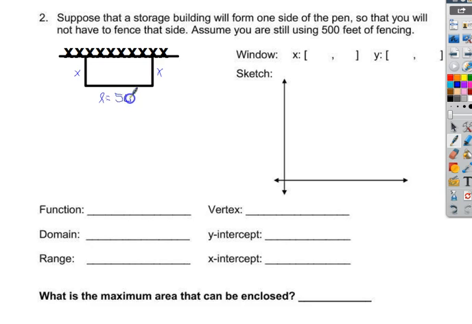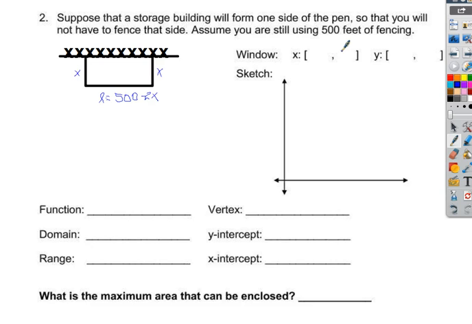Same scenario, except now it's 500 minus 2x, which we're not going to have to divide by 2. Are we going to be able to enclose a larger area, do you think, since we only have to worry about fencing on one side? That's basically what the question is asking us.